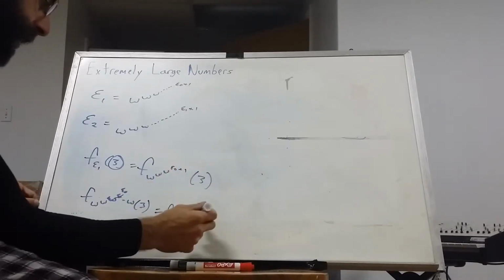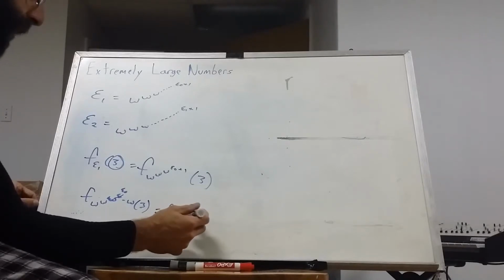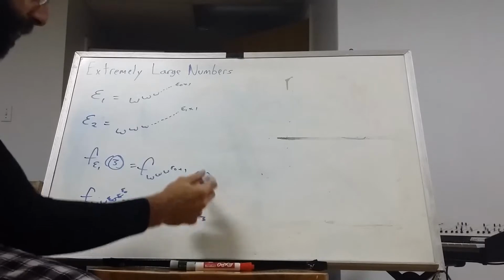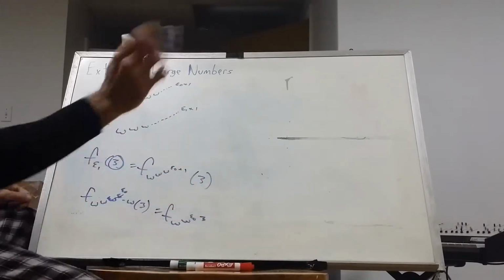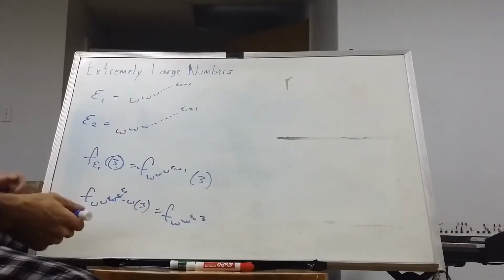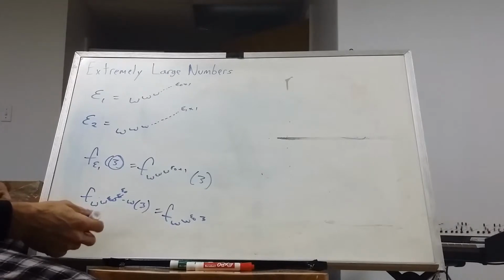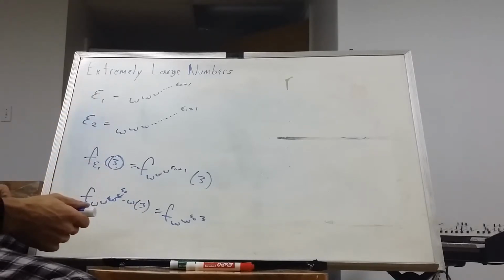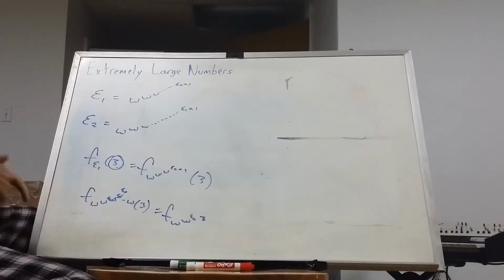This gets diagonalized, so you have 3 copies of this. You could keep 2 copies of this and get another epsilon naught, which would diagonalize to omega to the omega. So basically you're doing rules of exponents and whatnot, same things that you would have learned in high school. It's all the same math from here on out. It's just a little bit tedious when you get to the higher numbers, but it's all stuff that you can do yourself.